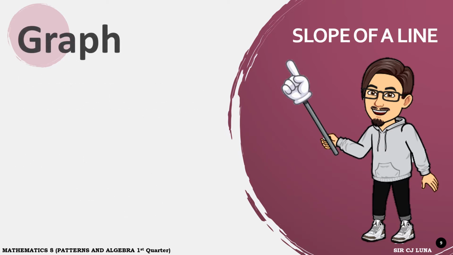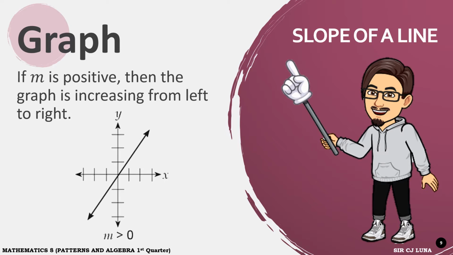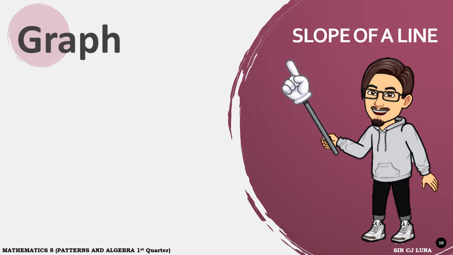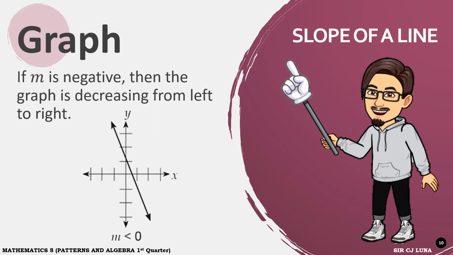Let's have the graph of slope of a line. If the slope is positive, then the graph is increasing from left to right. So here is the graph of a positive slope. If the slope is negative, then the graph is decreasing from left to right.